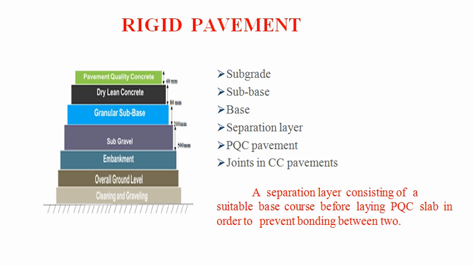Next is the dry lean concrete, then the granular subbase, then the subgrade, then the embankment, followed by the original ground level, and lastly the cleaning and grubbing which has been done onto the natural strata. So the rigid pavement consists of the subgrade, subbase, base course, separation layer, the pavement quality concrete pavement, and the joints in the cement concrete pavements. These are all the basic components of a rigid pavement.